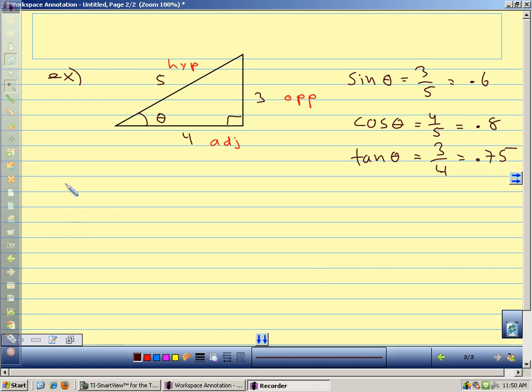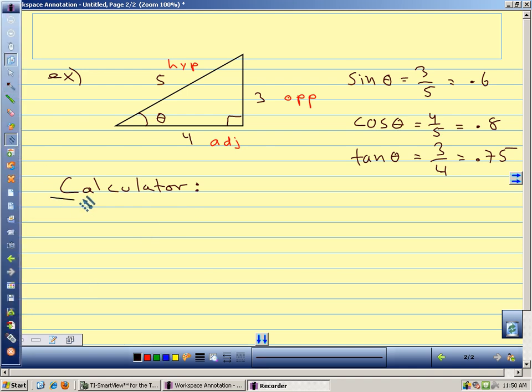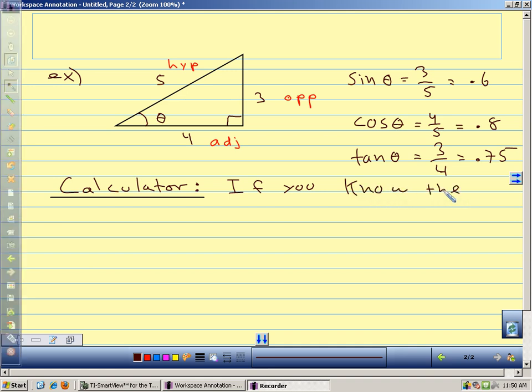Now with our calculator, just like we did with tangent ratios, if we know the angle, we use the sine button or the cosine button to find the ratio.